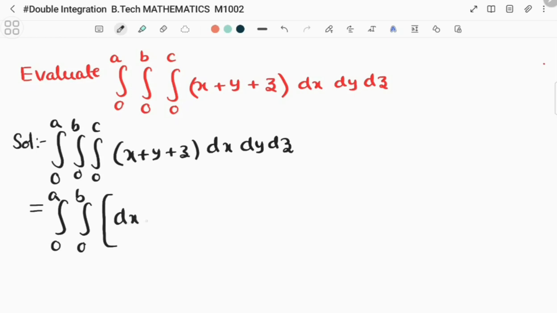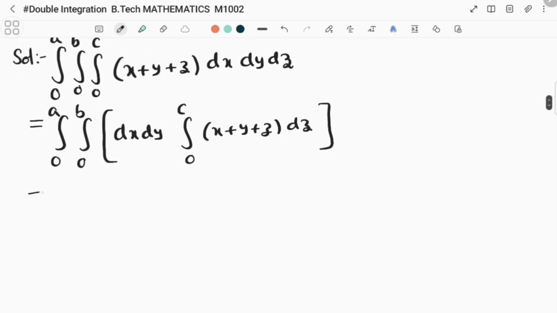So which is equal to integral 0 to a, integral 0 to b, dx dy. Each and every term you can integrate: integral 0 to c x dz plus integral 0 to c y dz plus integral 0 to c z dz.